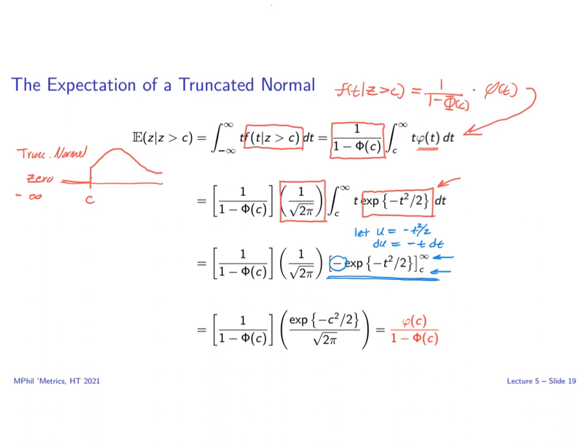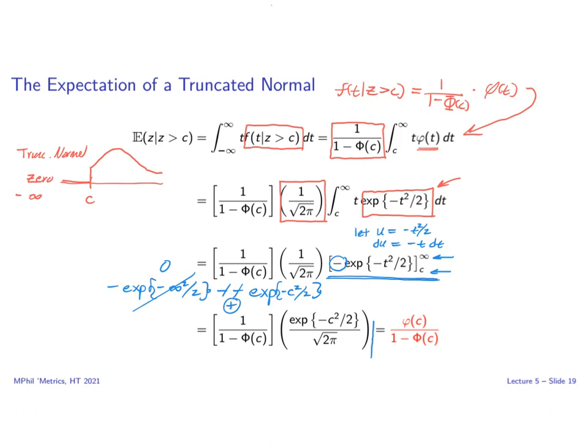When t is equal to infinity, we have e to the minus infinity, which is 0, so that term will vanish. And when we plug in c, we obtain the following. Notice that the minus sign cancels out because we're evaluating the difference of minus e to the minus t squared over 2 at infinity minus the same thing evaluated at c.